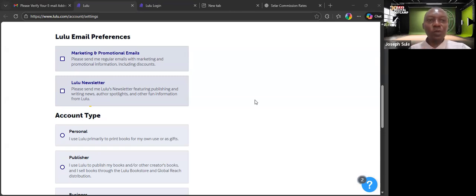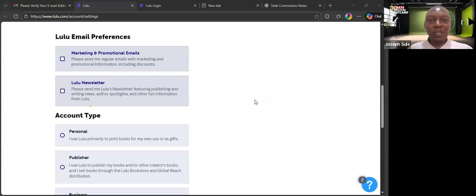Once you go to lulu.com, you get two options. Login means you already have an account with Lulu, so you just enter your email and your password and you access your account. Create a profile means you do not have an account and you want to create one on Lulu. So that's where you want to go.